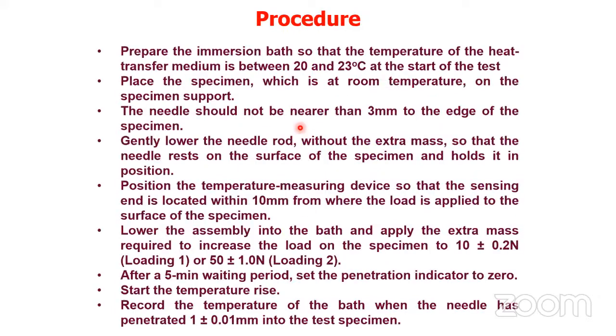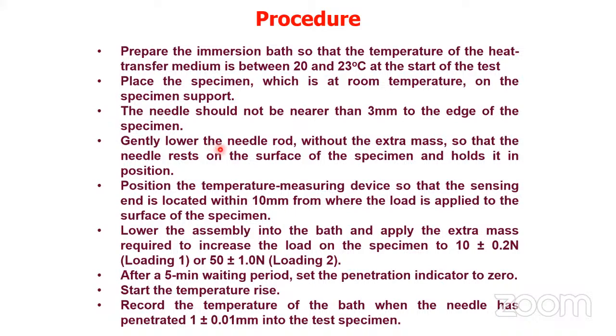Here the similar procedure has been mentioned. Prepare the immersion bath, or we can say oil bath, so that the temperature of the heat transfer medium is between 20 and 23 degrees Celsius at the start. Place the specimen, which is at room temperature, on the specimen support.